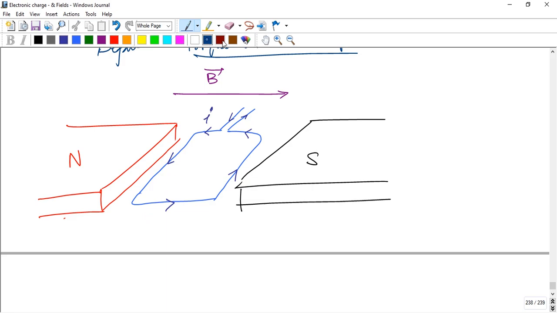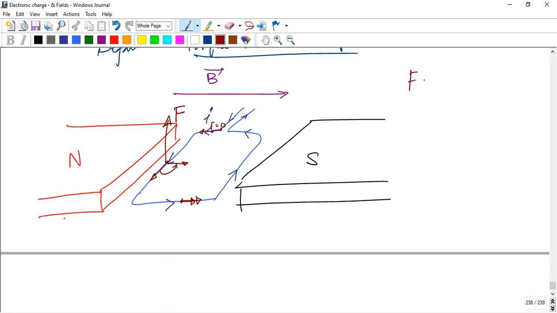So if the current is in that direction and B is in the opposite direction, then I and B are opposite, so the angle is 180 degrees. Sine 180 is 0, so there is no force here. Here the current is in that direction, B in that direction, so I cross B, and the force is upward. Here I and B are in the same direction, so sine 0 is 0.